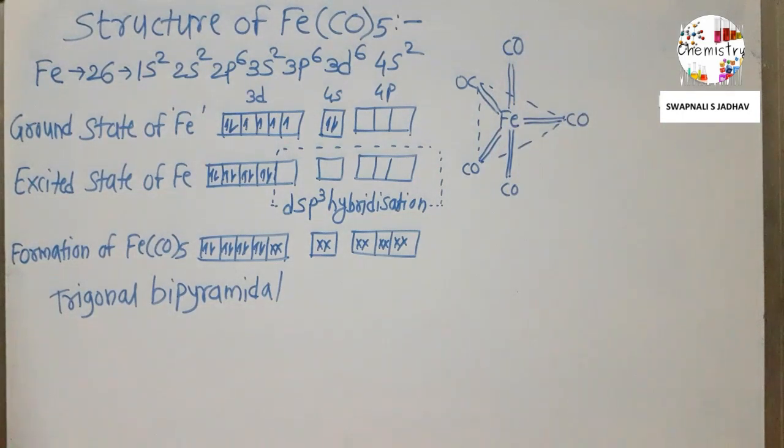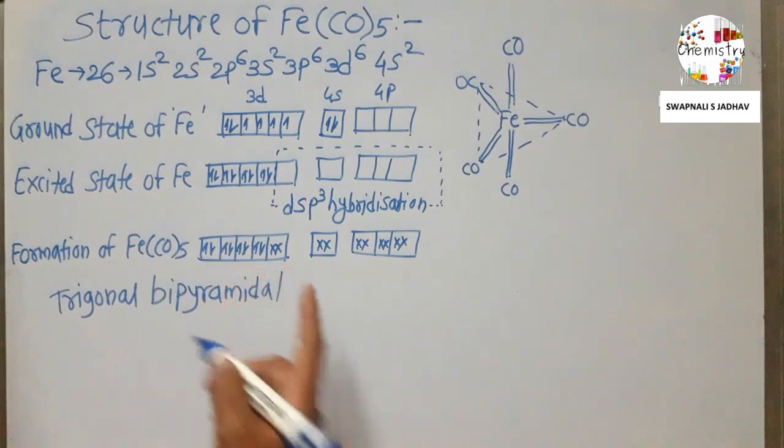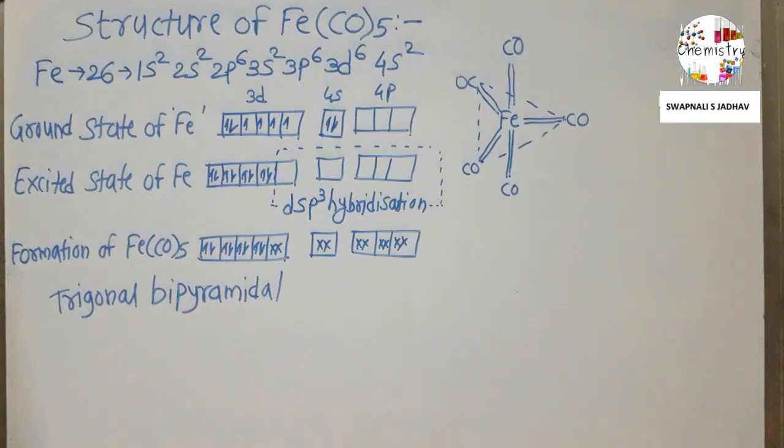This is the structure of Fe(CO)5, that is trigonal bipyramidal. As all the electrons are paired, it is diamagnetic. Each CO group is linked with iron through a double bond, one sigma and the other pi bond, to maintain electroneutrality.